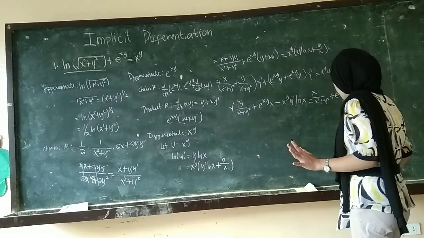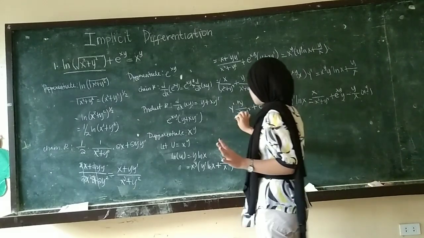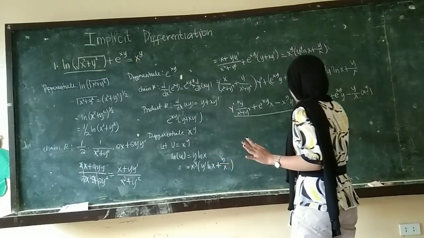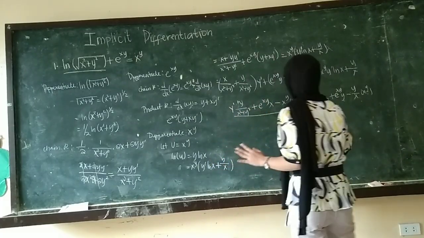To solve for y prime, we are going to divide both sides by this.